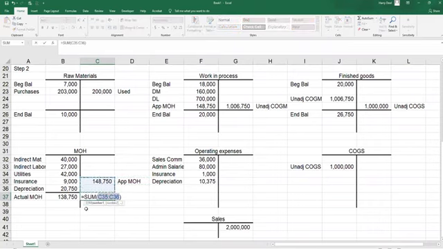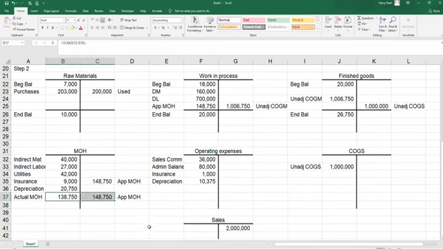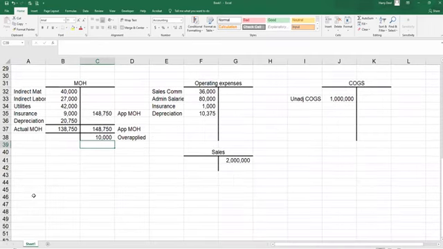So when we compare these two, we know that manufacturing overhead has essentially been over applied by the difference, which is 10,000. So we have a $10,000 over applied manufacturing overhead.